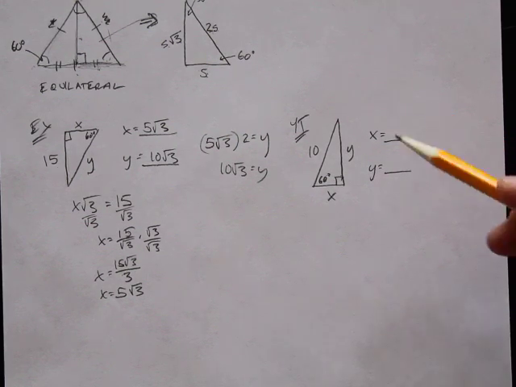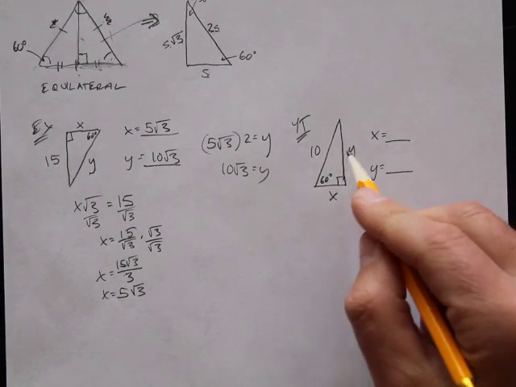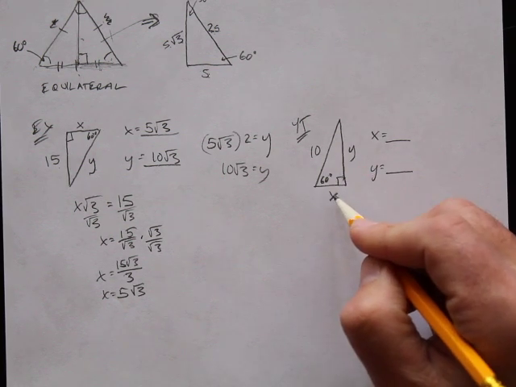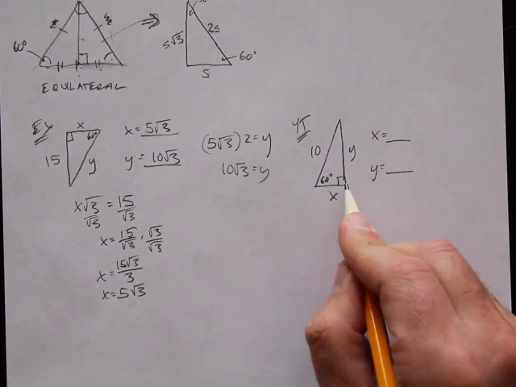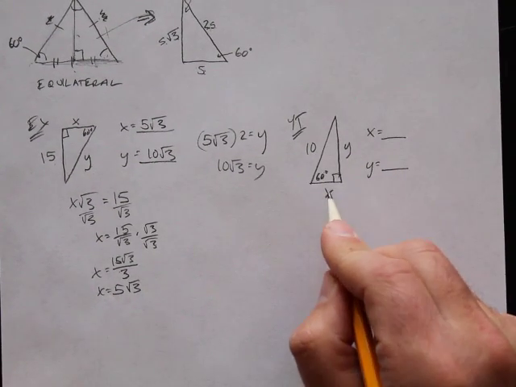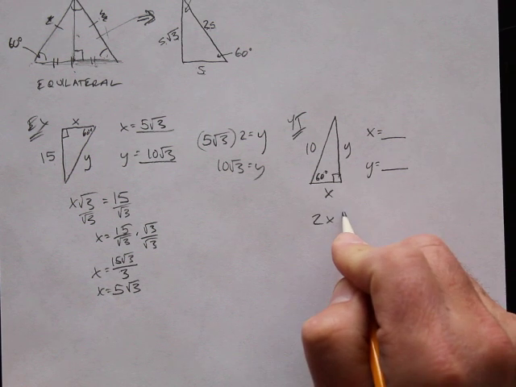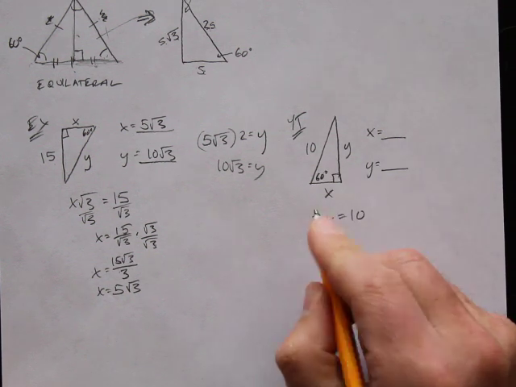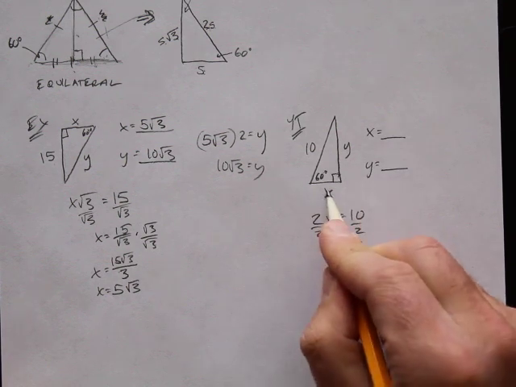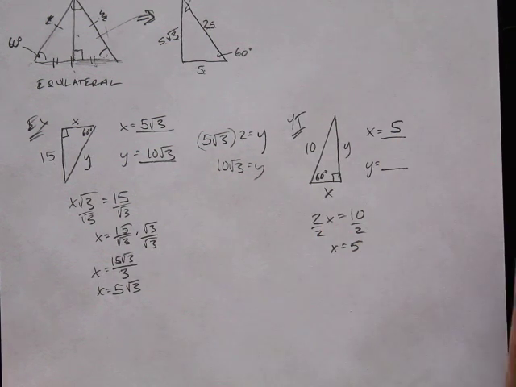All right, let's see how you did. So I know with a 30, 60, 90 triangle that the hypotenuse is 2 times the smaller leg, or the shorter leg. So 2 times the shorter leg equals the hypotenuse. So I'm just going to divide by 2, X equals 5. So the shorter leg there is 5.